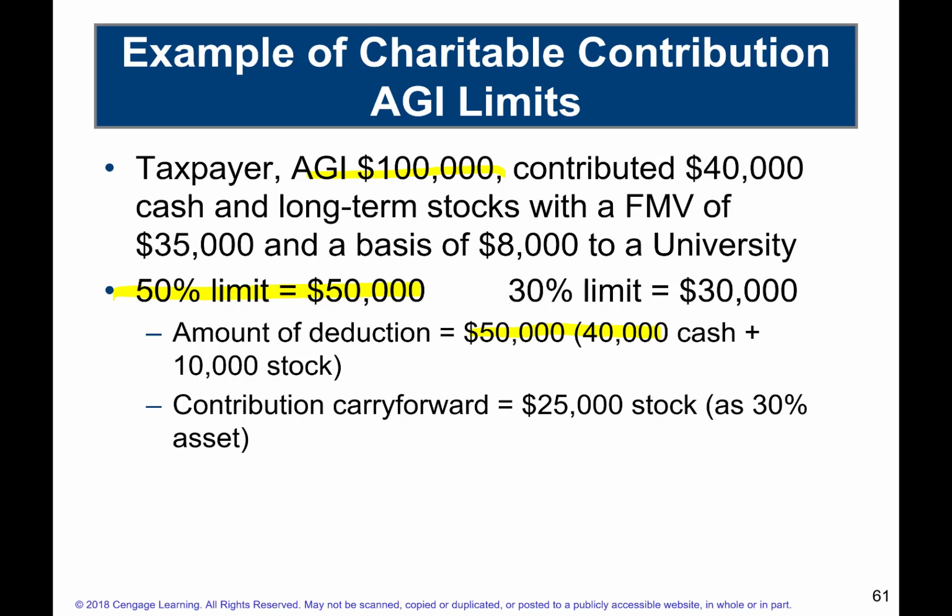The 10,000 now will come from the 30% category, and what? Well, he can't take the full 30,000 because he's only got 10,000 left to give. Okay, so he gave 10,000.